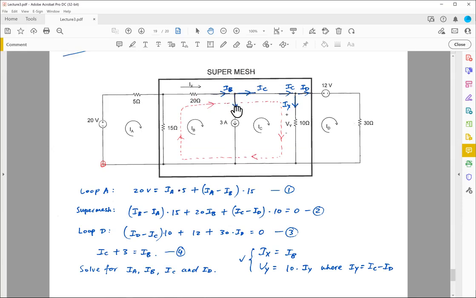So I remember I need to come up with one more equation that relates IB and IC together. So this is that equation we're talking about, right? So current entering the node, which is IB, current leaving the node is 3 plus IC. So IB is equal to IC plus 3. This is my fourth equation.